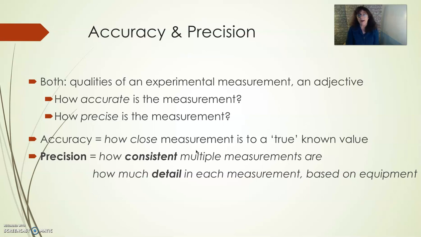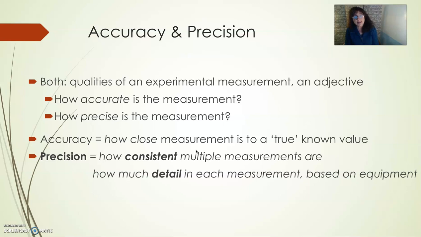They both have the similarity that they are both qualities of an experimental measurement. They're both describing experimental measurements. We talk about how accurate a measurement is. We talk about how precise a measurement is.